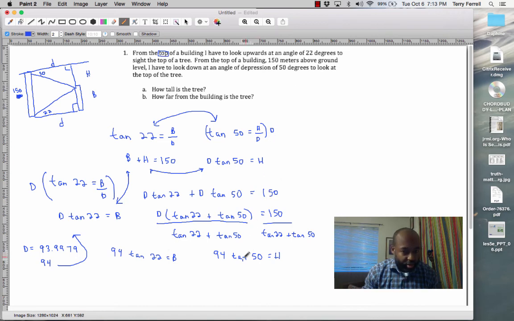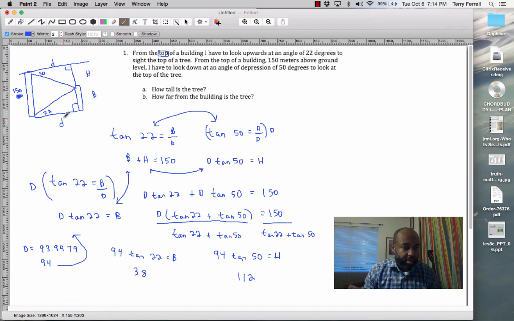My H is 112, and my B is 38. And let's make sense of it. Notice this is 38, which is B. 112 is H. If I add 38 plus 112, it gives me 150.